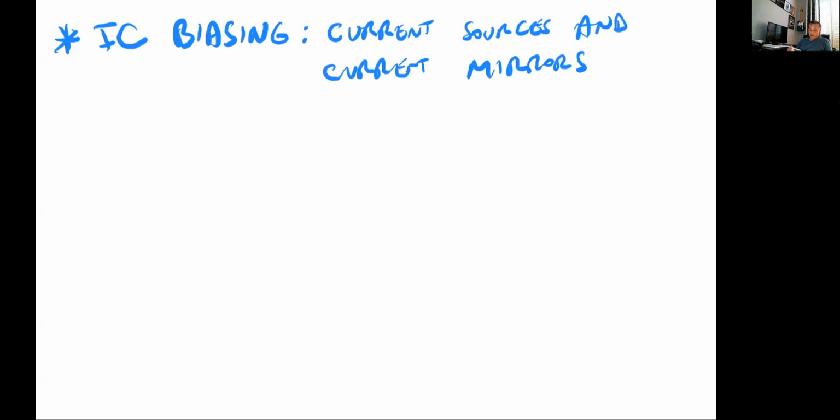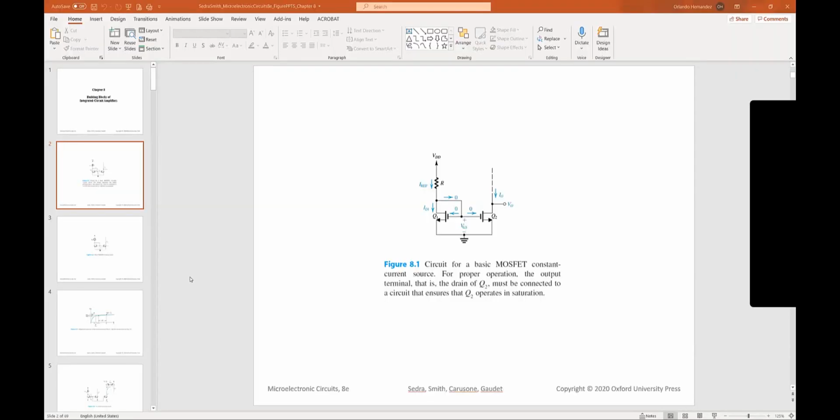Okay. So I'm going to share what we mean by that. What I mean is this type of topology.